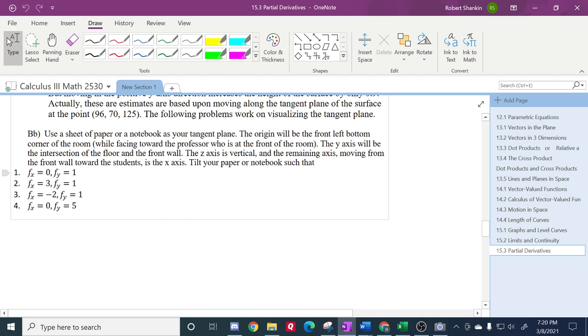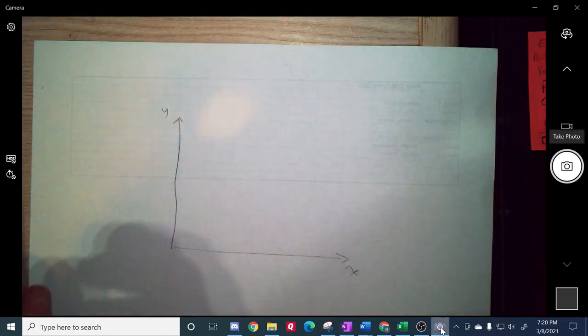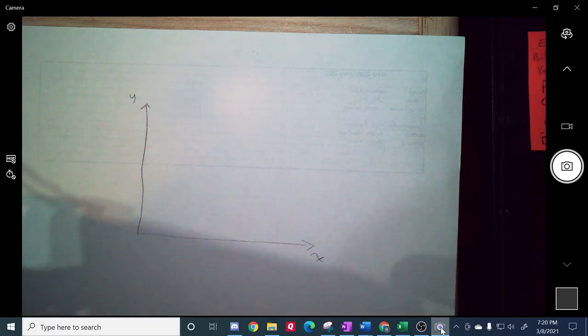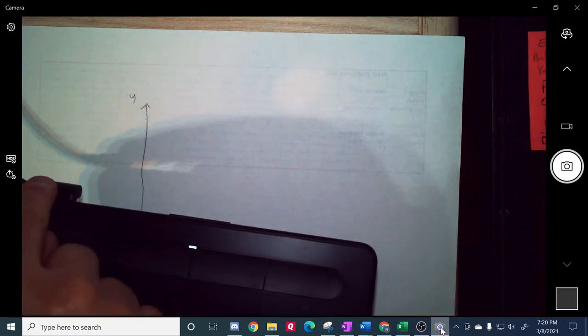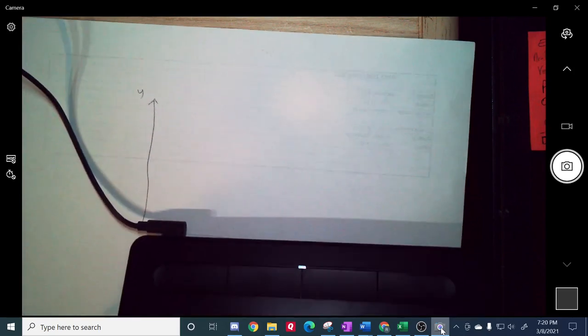To make my f_x 0, I have to have this such that when I move one unit to the right over here, I don't increase in height. My increase in height is 0. So I'm going to place this line right here.